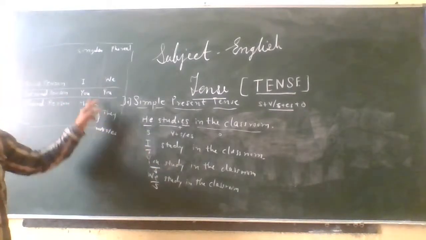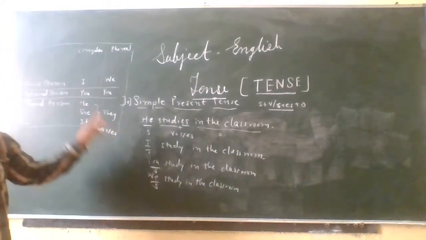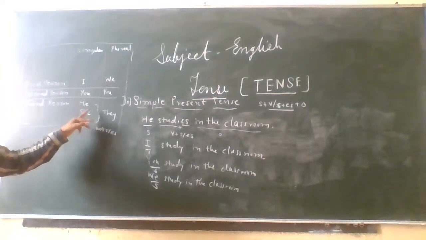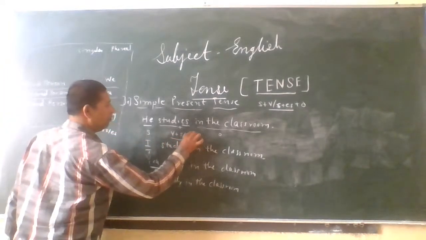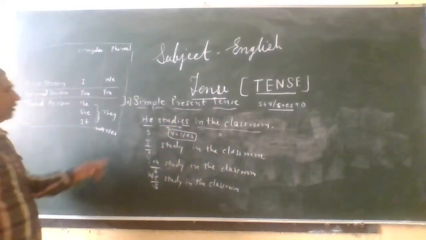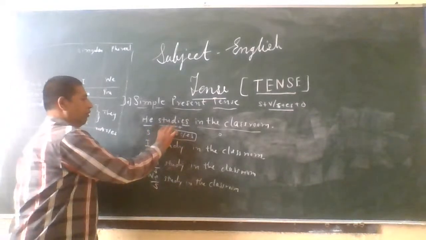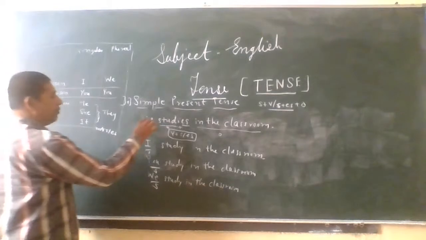I study in the classroom. We study in the classroom. You study in the classroom. He studies, he studies: only here is s or es added to the verb. He studies in the classroom, she studies in the classroom.